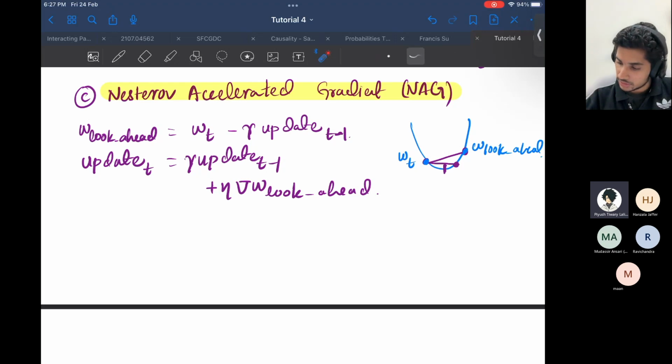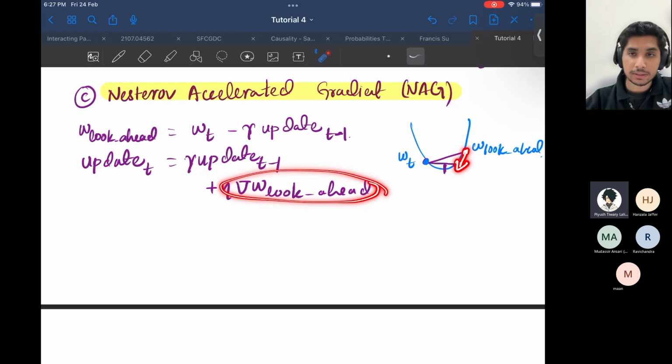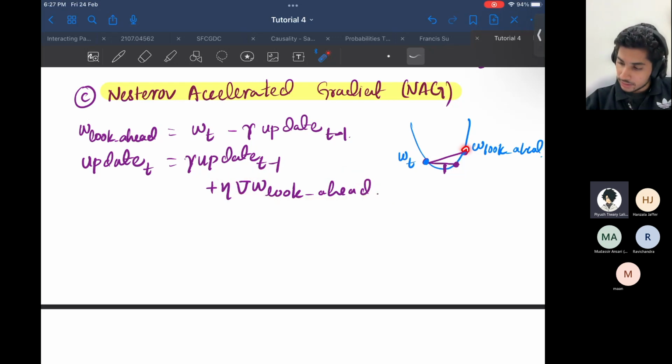So this part is the gradient at this point, in something like this direction. Since you have seen the direction of this gradient, you are adjusting your step. My overall step will combine this step plus this step, which takes you here.